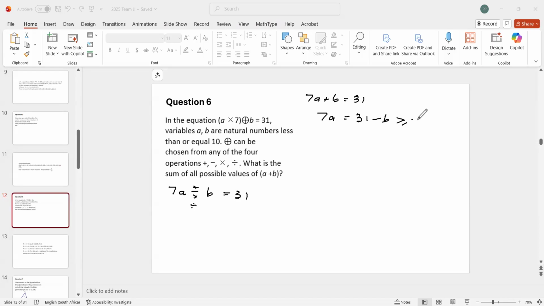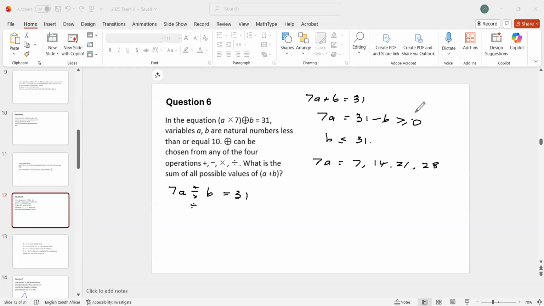All right, this is positive. So therefore B is less than or equal to 37, 31 at least. Okay, but mainly you want to know what are the multiples of 7 here. Right. 7A is either 7 or 14 or 21 or 28. 7A could be 28.